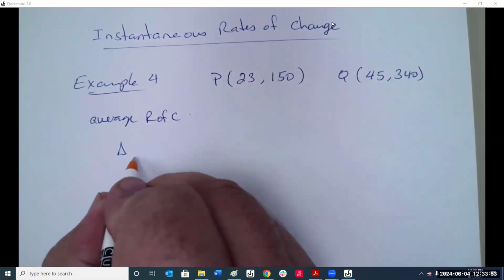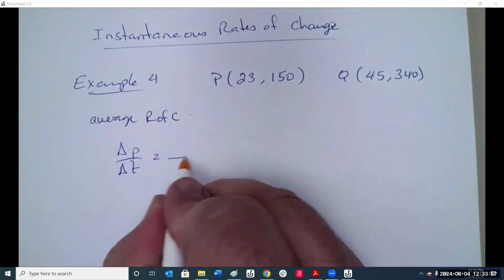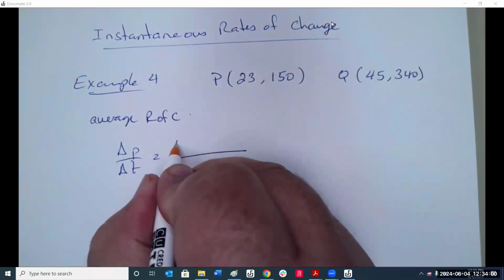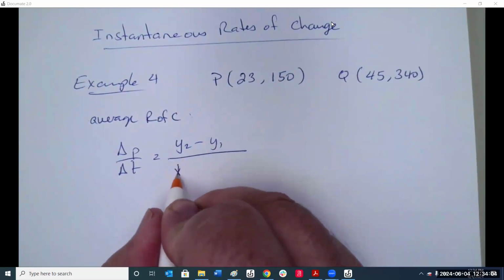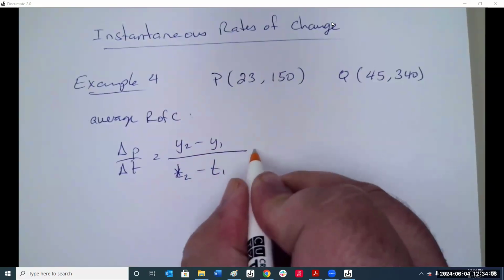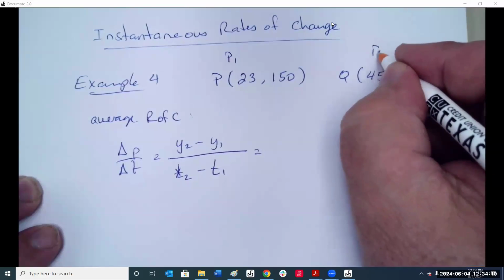It's going to be the change of our points over the change of our time, so y2 minus y1 over time 2 minus time 1. This is point 1, this is point 2.